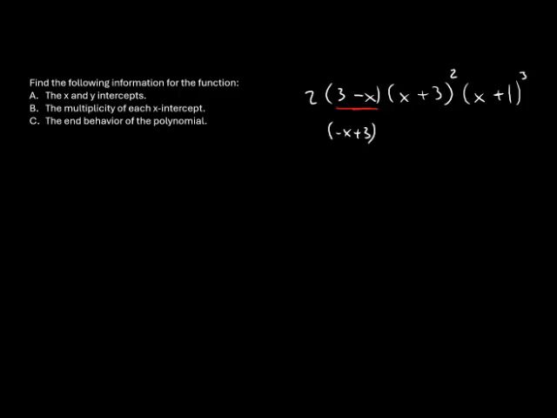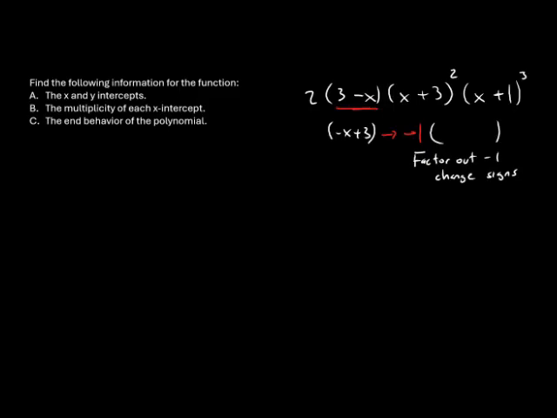However, now we can factor out a negative 1 from both terms inside the parentheses. If we factor out that negative 1, all that will do is change the signs of all terms inside the parentheses.